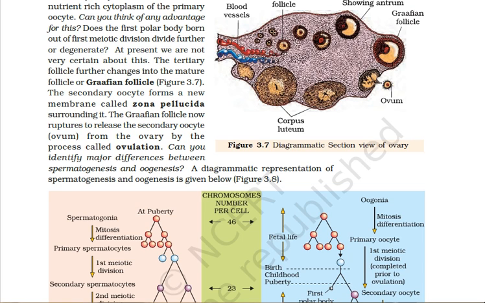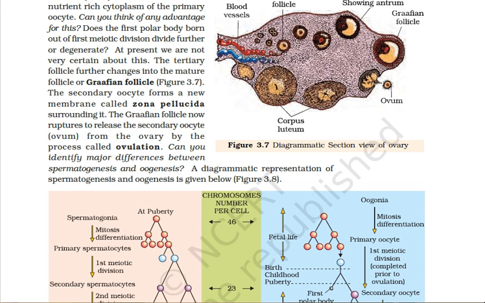So I would like to give the functions of the various layers of the Graafian follicle. I already explained that small cavities give rise to a large fluid-filled cavity. This fluid-filled cavity you can see in the figure is the antrum.